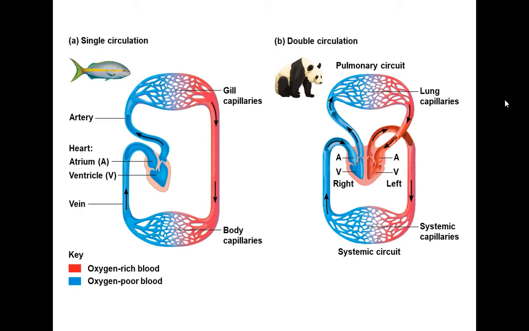In a double circulation system, you have your deoxygenated blood leave the right ventricle. It's going to move through the pulmonary artery into the lungs and the lung capillaries.